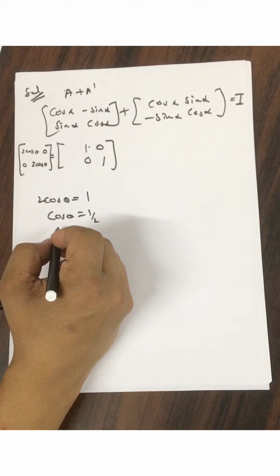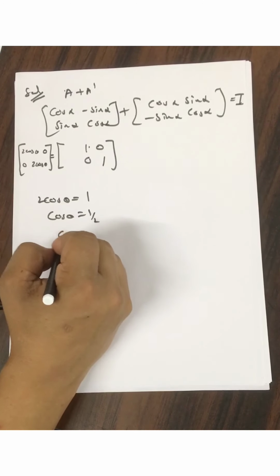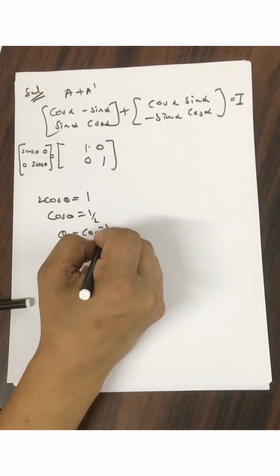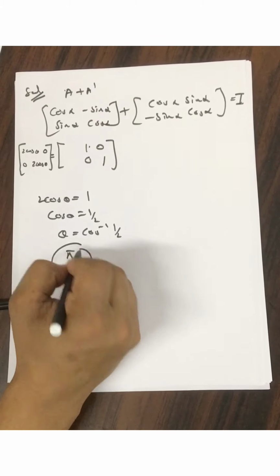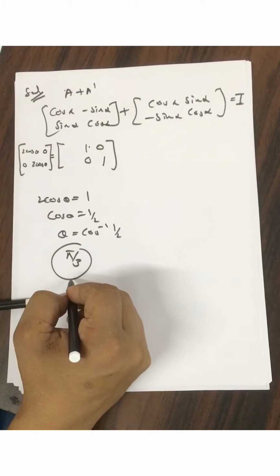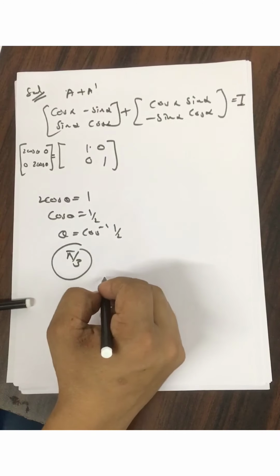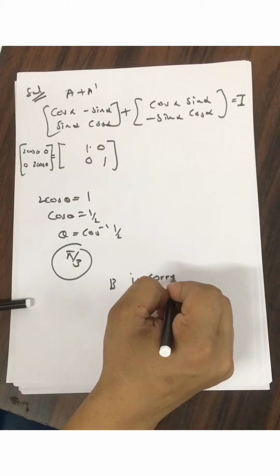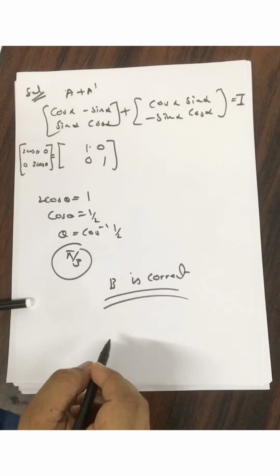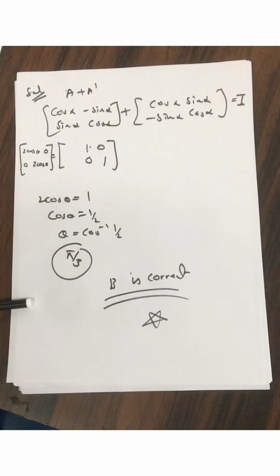So theta will be cos inverse of 1 by 2, which is pi by 3. So which one is the correct option? B is correct. Got it?